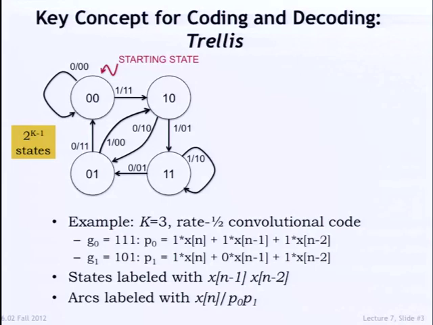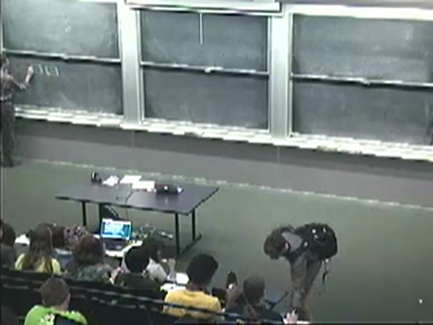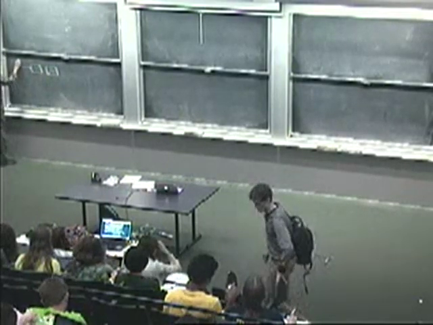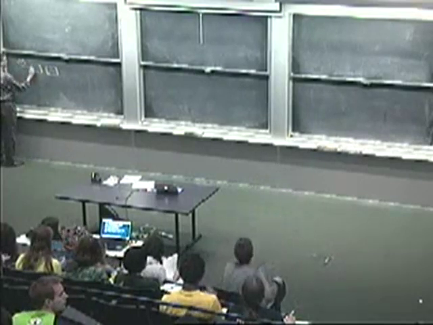So we talked in terms of a state diagram, but let me remind you what the shift register picture was. So we had a two-stage shift register. For this particular example, we had xn, a stream of data being fed in here.